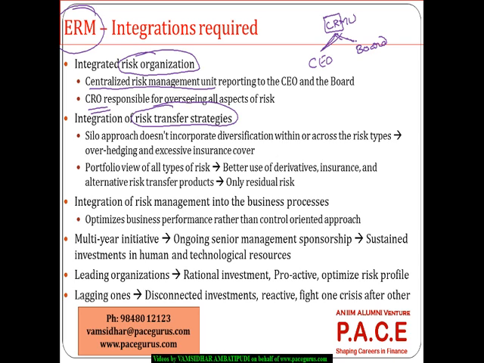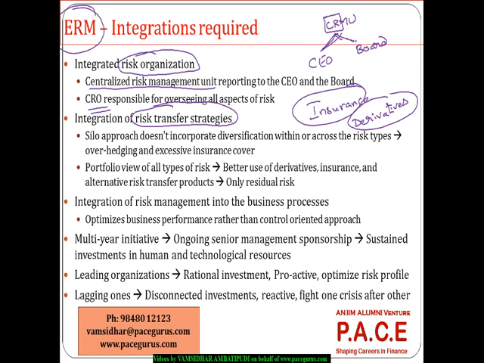So probably one department is doing the risk transfer through insurance, another department is doing the risk transfer through derivatives. Of course, if required, there can be a combination of the tools, but for the same thing there can be a mechanism where two different departments use two different mechanisms, and none of them is aware of what the other is using.